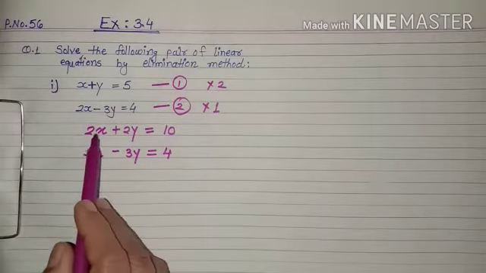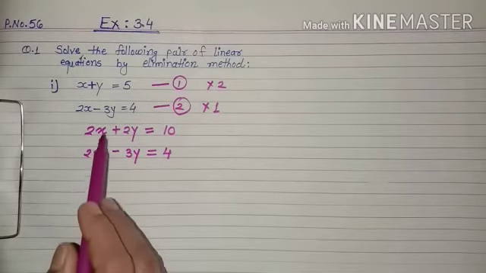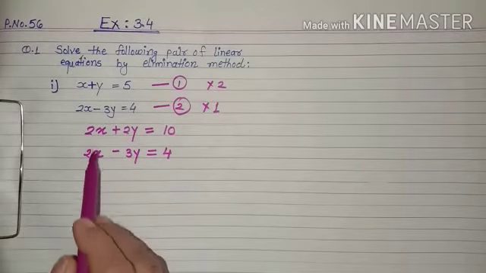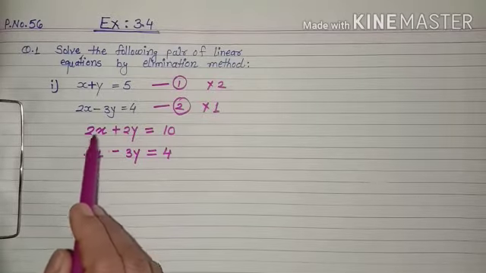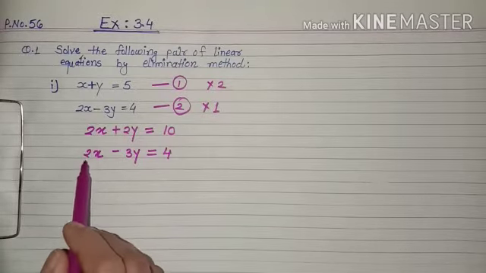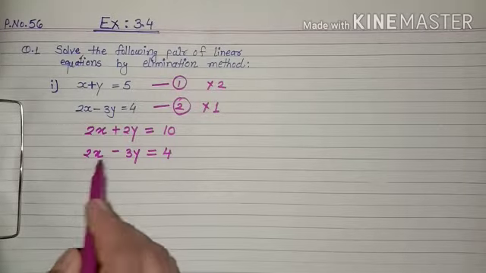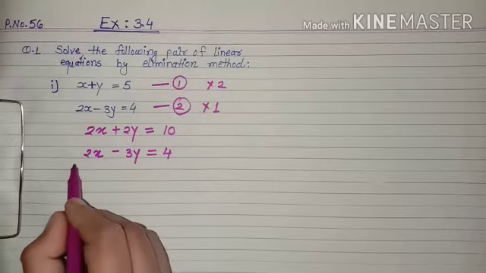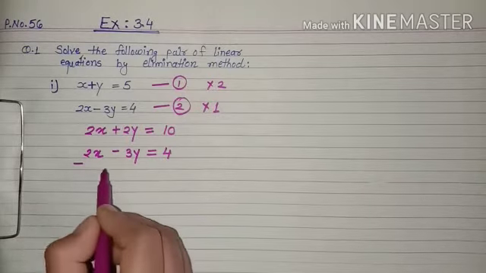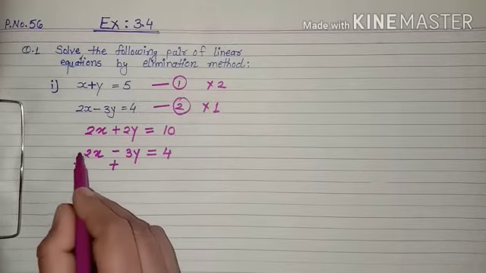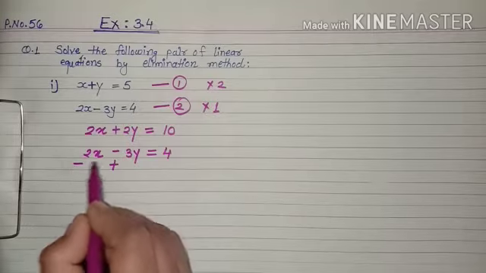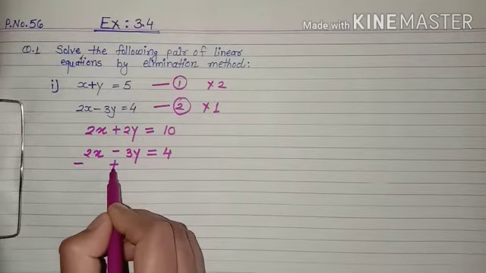For that we will check the sign of the x term. In the first equation the x term is positive and in the second equation the x term is also positive. So we will subtract the two equations. When you subtract, the signs change: plus converts into minus, and minus converts into plus.